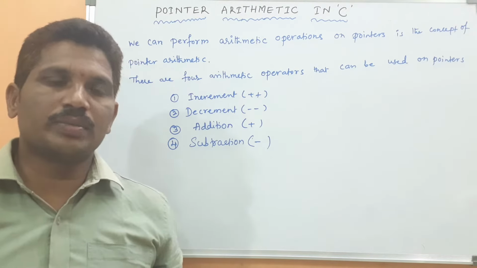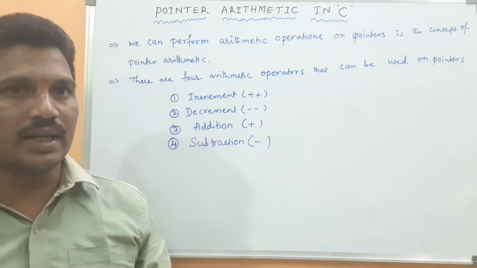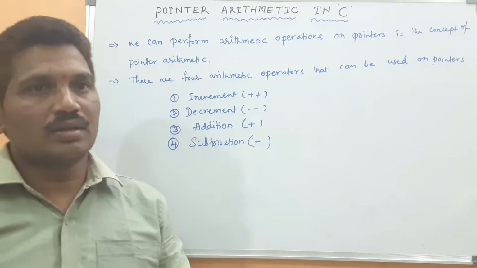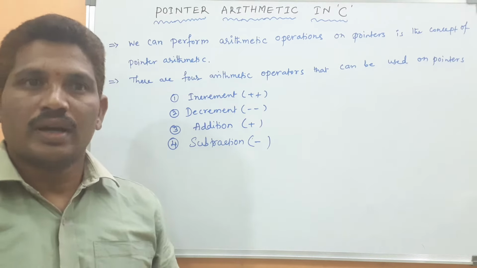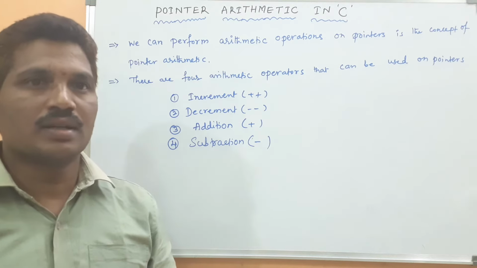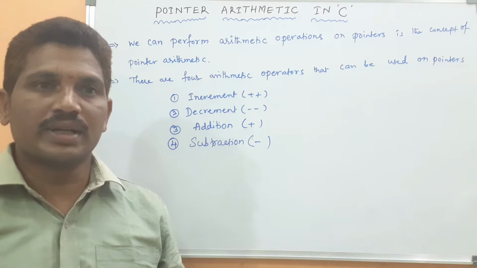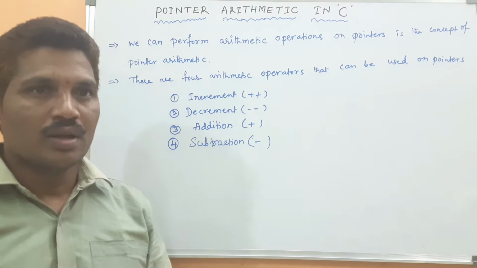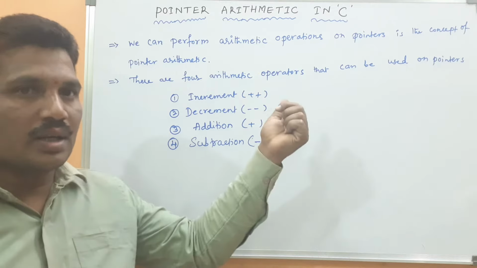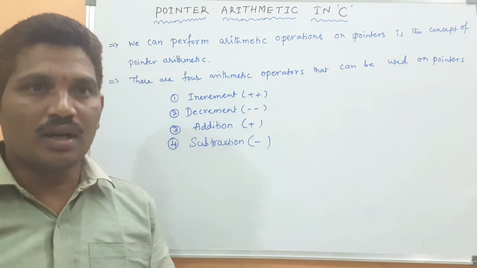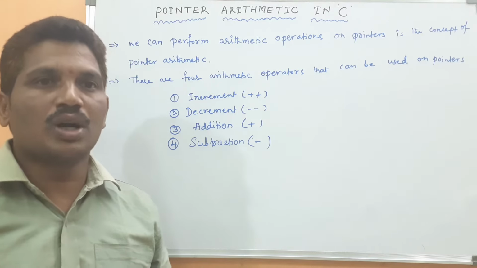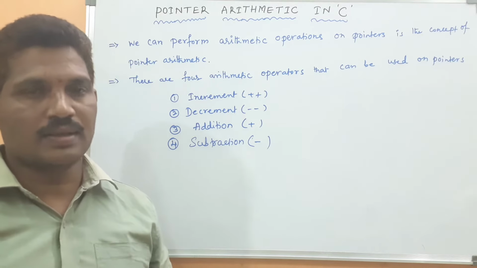We performed arithmetic operations on built-in data types. For example, integer addition and integer subtraction, how an integer value gets incremented and how it gets decremented, we have seen. Not only can we perform operations on primitive data types, we can also perform operations on pointers.